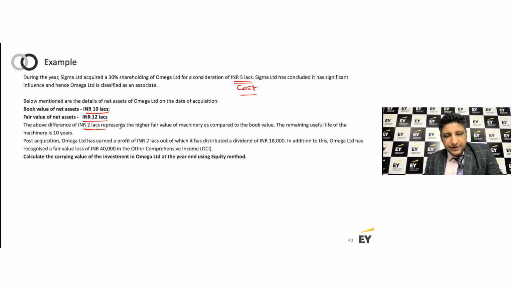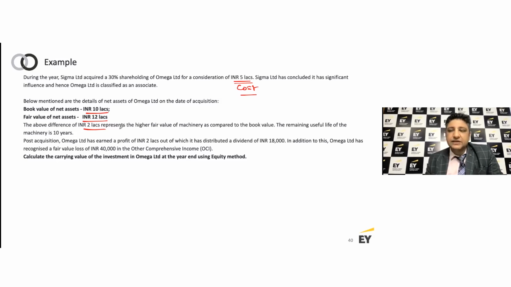Now you would recollect, we have had these kinds of discussions in the case of the parent-subsidiary relationship as well, where we had those fair value differences. Okay, it also says that post acquisition, Omega Limited has earned a profit of 2 lakh rupees, of which it has distributed a dividend of 18,000 rupees.